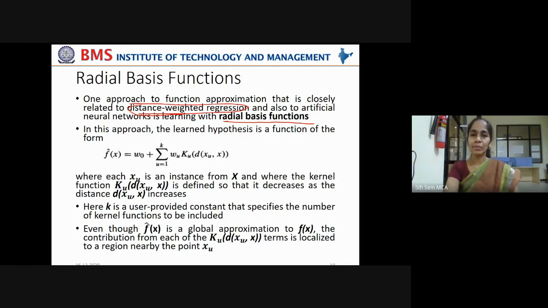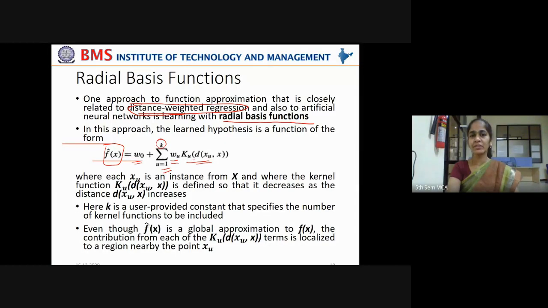Okay, so in this approach, the learned hypothesis is a function of the form. How do you represent the target function f cap of x? W naught, the bias term or the constant term, plus sigma u equal to 1 to k, taking k nearest neighbors, Wu, the weight associated with each data point, multiplied by the distance function Ku, the distance of xu from x.